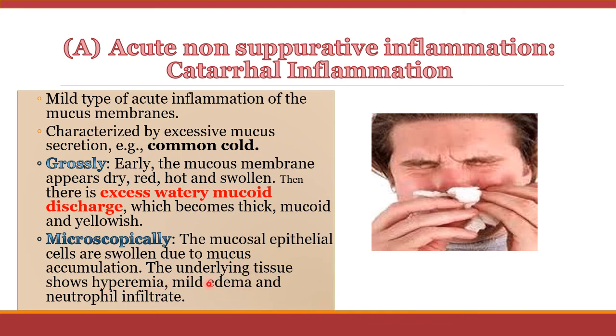We can see also edema, which means extravasation of fluid in the interstitial tissue, and we will see neutrophilic infiltrate. That is a hallmark of acute inflammation. So all of these are the main features of the catarrhal inflammation or the inflammation of the mucous membrane. The best example is common cold.